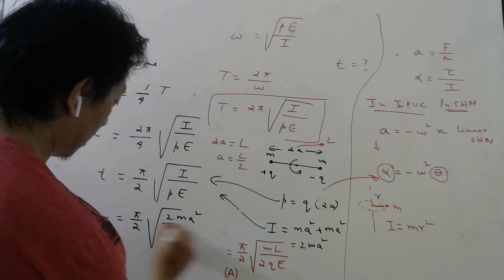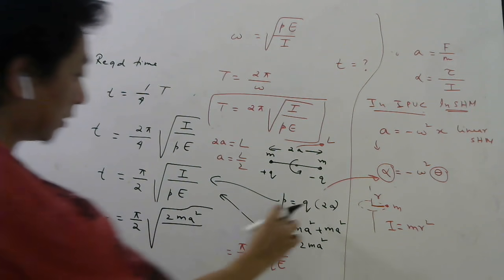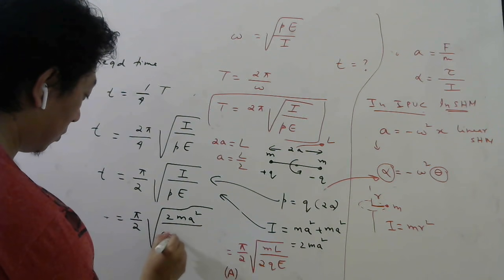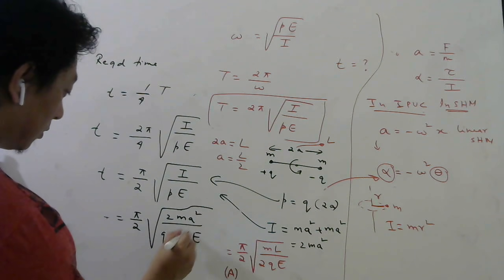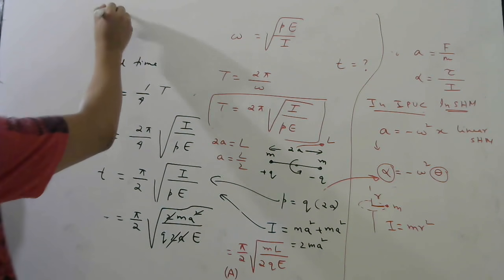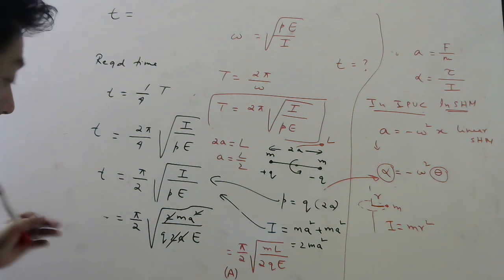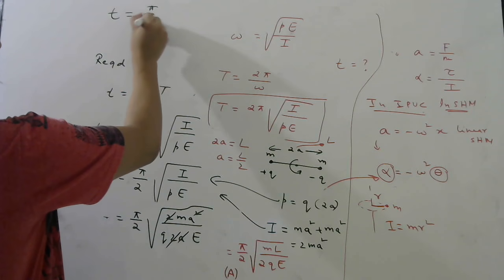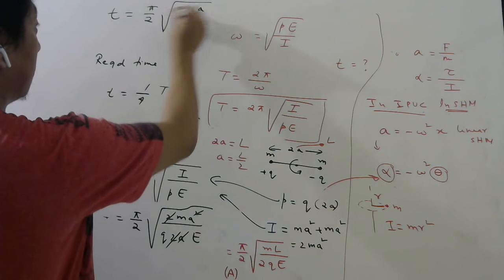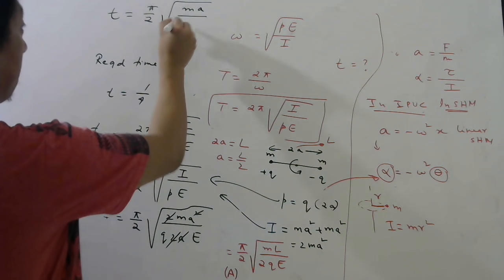What is P? Q into 2a into E. So a is cancelled, 2 is cancelled. So time taken is equal to pi by 2 root of ma by QE.